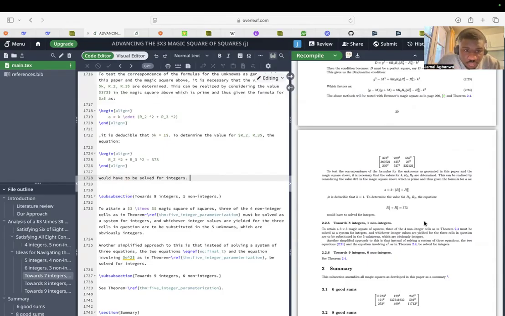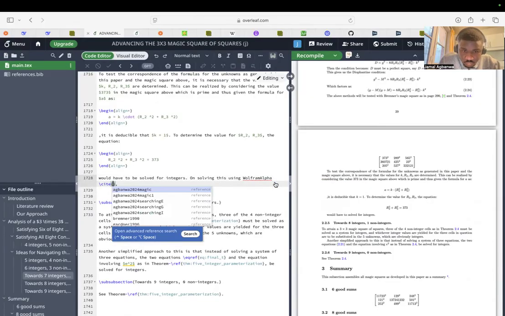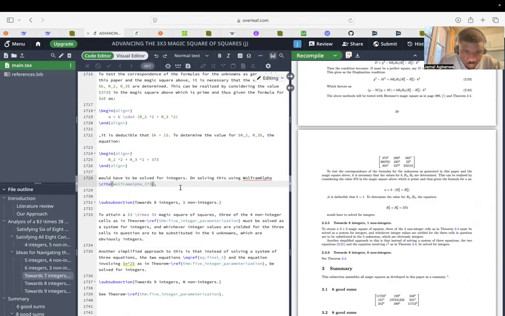Let's spell that k is equal. We now realize that r subscript 2 equals 18 and r subscript 3 equals 7.